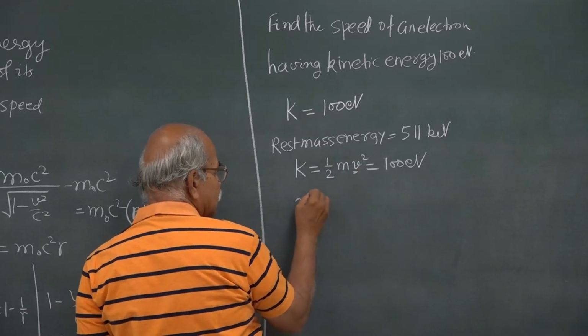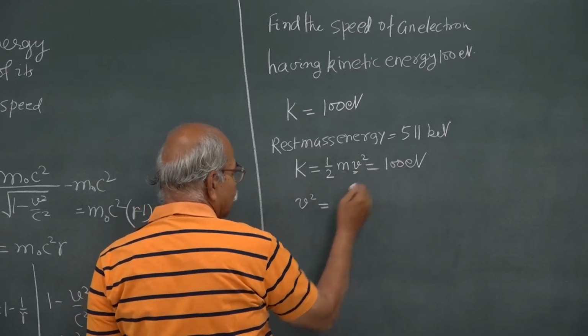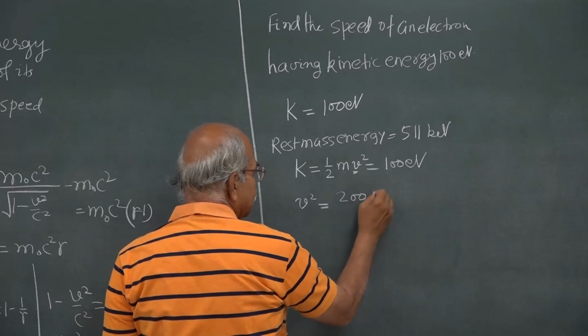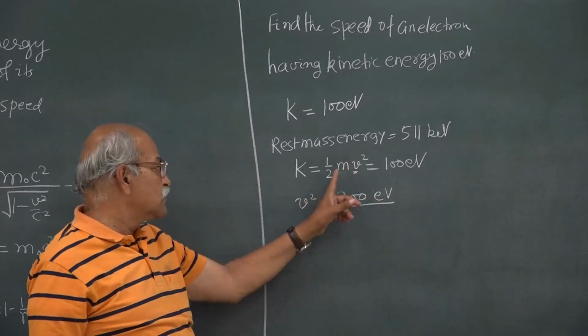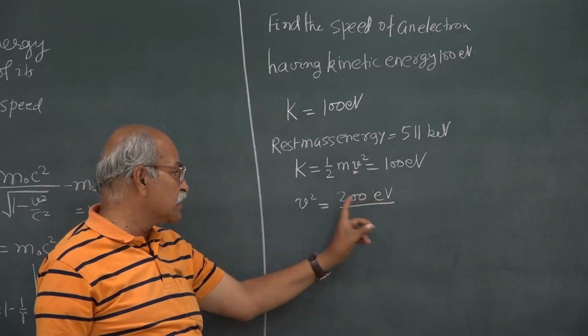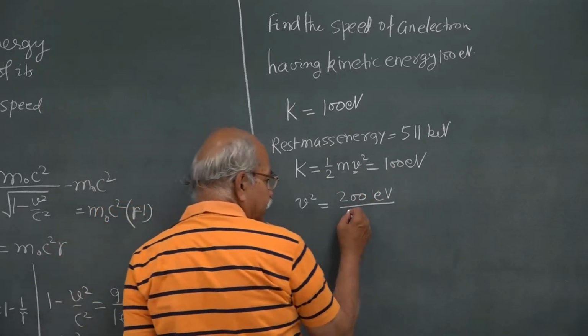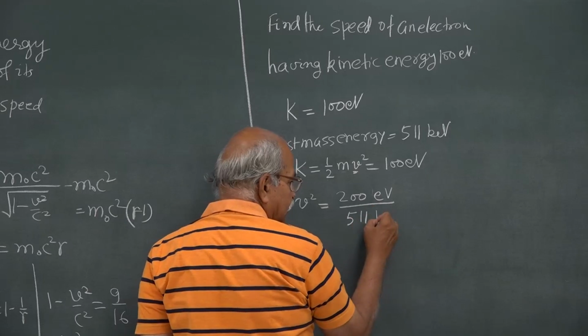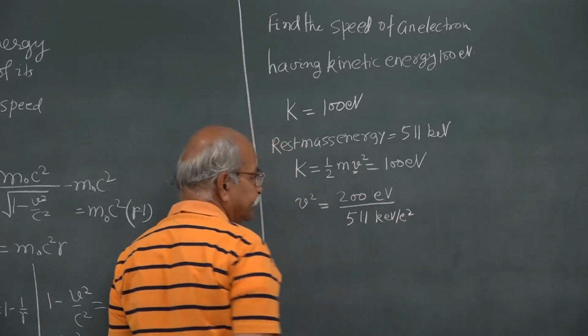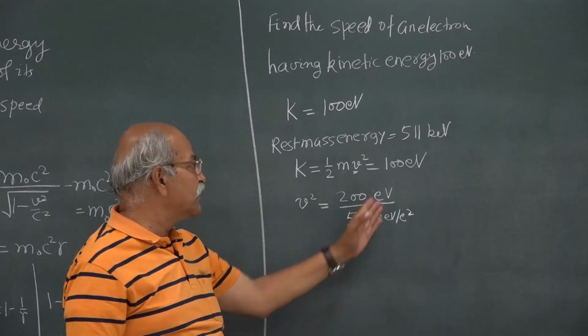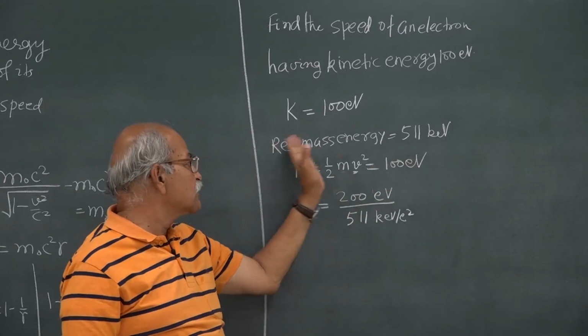So, we can write v square is equal to 2 into this, divided by mass, that is 200 eV divided by mass. Mass I can write as 511 keV per c square, because m c square is 511 keV, that is the rest mass energy.